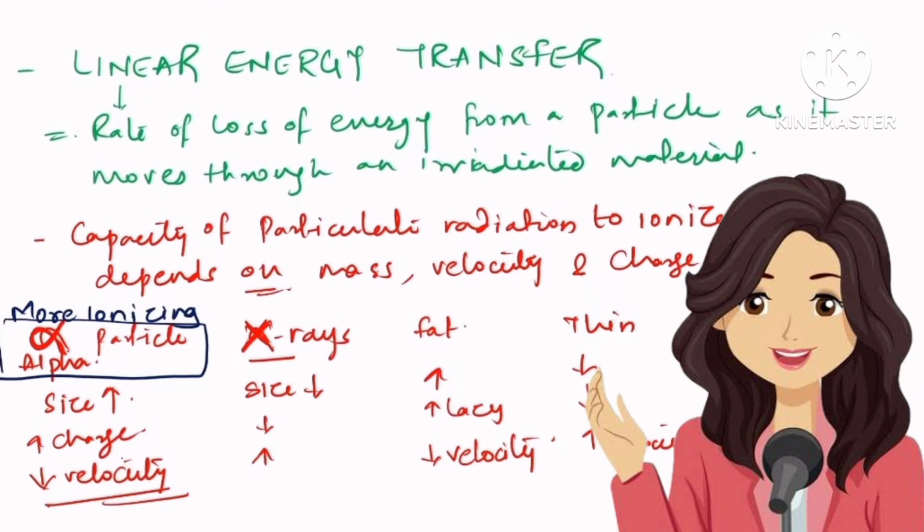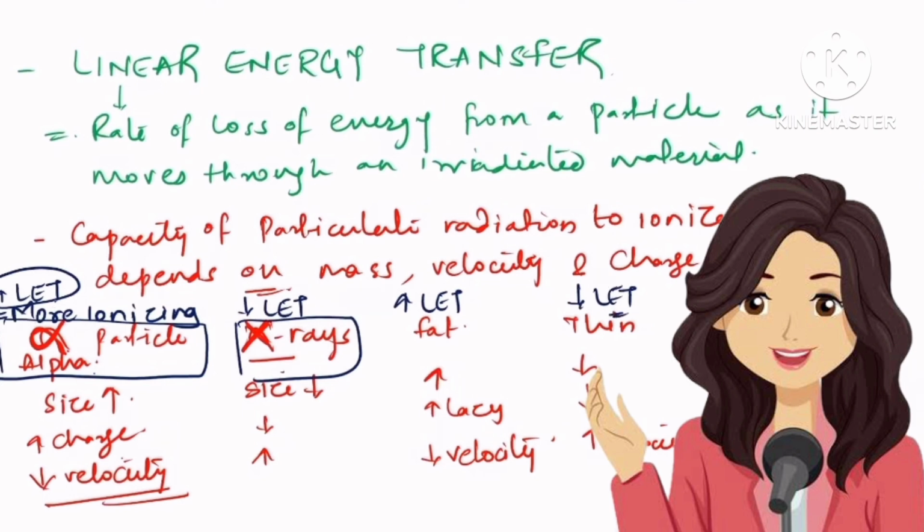The time that alpha particles get to ionize atoms is more because of the slower velocity, so they are more ionizing compared to X-rays. Therefore, alpha particles have higher LET, and X-rays have lower LET compared to alpha particles. So the fat person will have a high LET, the thin person will have a low LET, linear energy transfer.